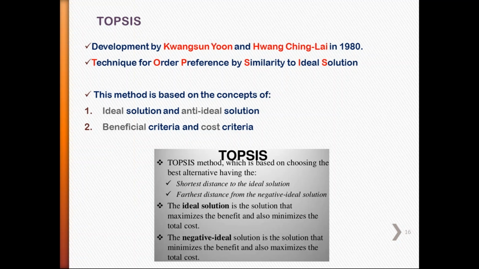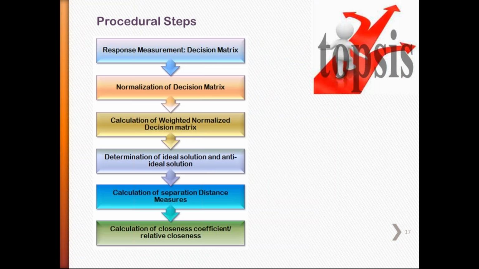The alternative which is closest to the ideal solution, that means furthest from the anti-ideal solution, is to be selected. This is supposed to be the best alternative. Understand? So below represents the definition of ideal solution and anti-ideal solution.